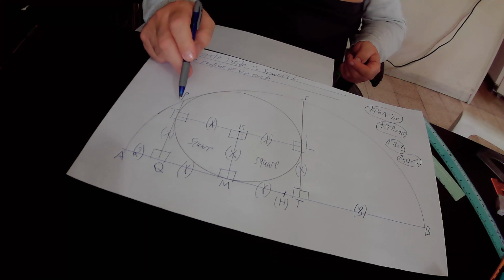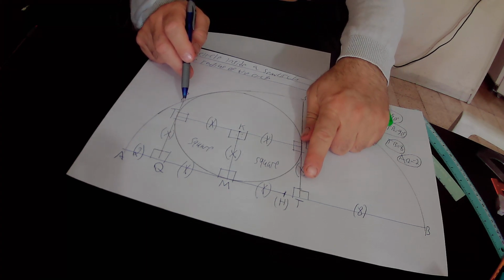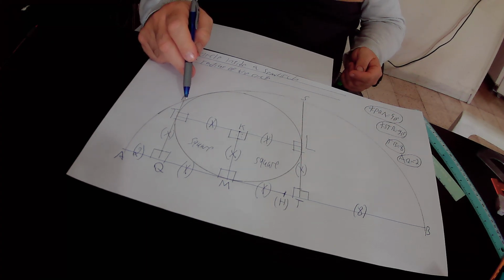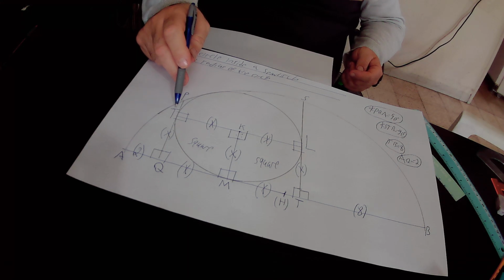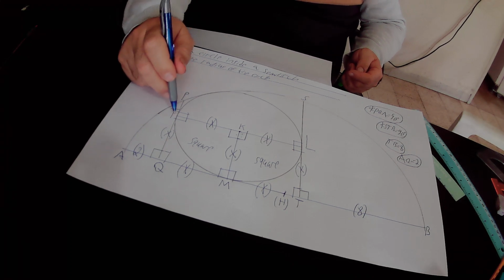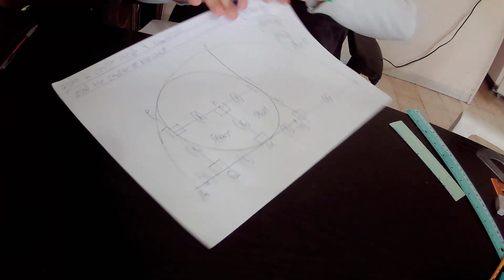So here we have 2 points with the same letter, so I change the definition of this point. Instead of point T, we write down that it is point N. Okay, so this is point N.